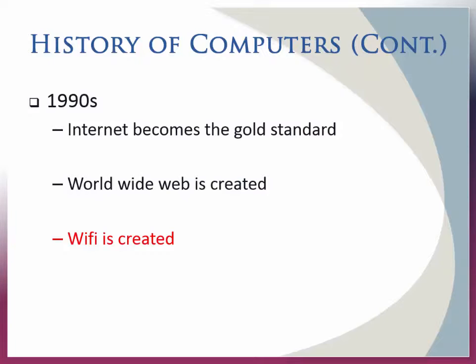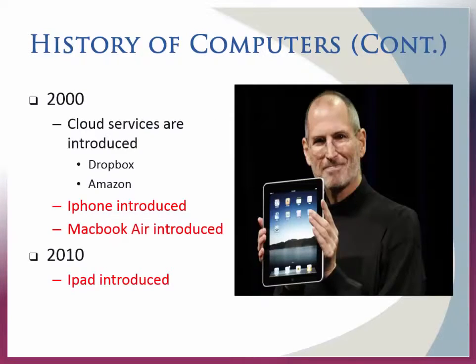An important aspect in this decade for mobile computing would be when Wi-Fi is created, which gives us the ability to be separate from some kind of connection within a house or business and that sort of thing. Now, when we come to the decade of 2000, that's when cloud services were introduced.